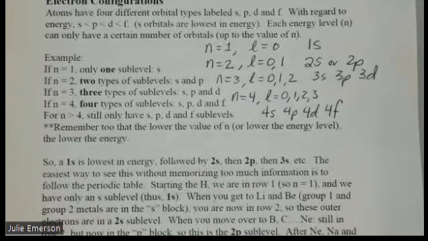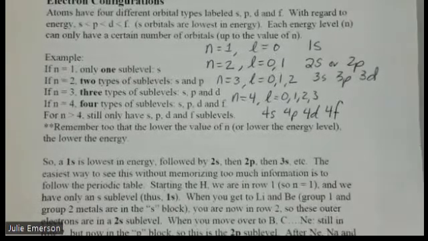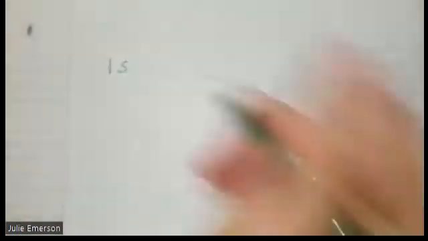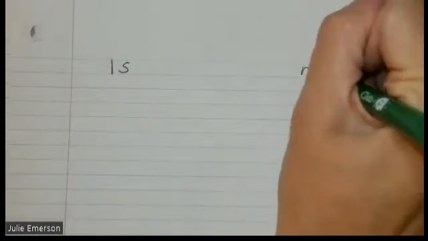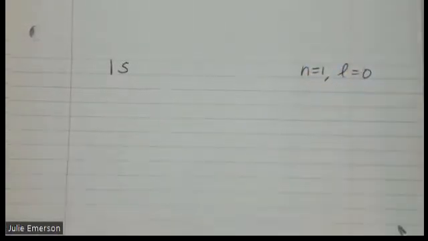Now, when I was learning this, I remember very well, my professor came up on the board and he said, okay, in the first energy level, you only have an S sublevel, right? Because if your N is equal to 1, your L can only be equal to 0.